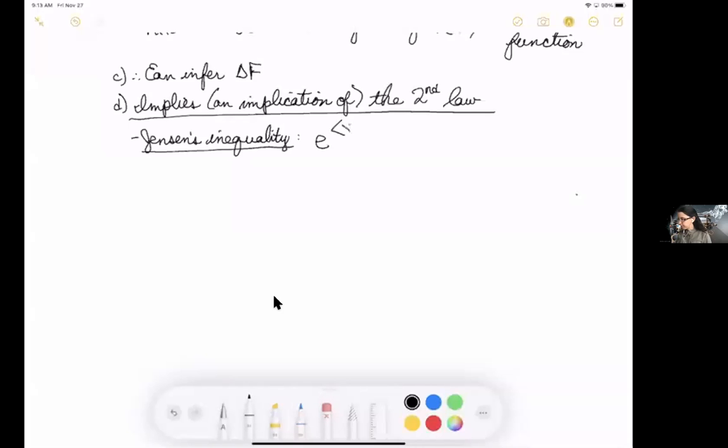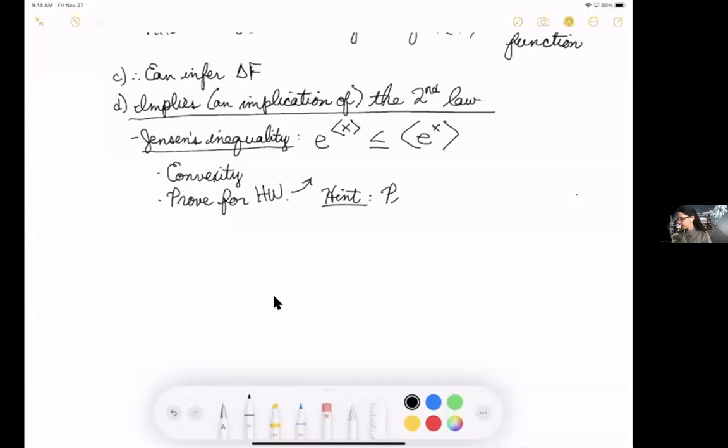exponential of an average is less than or equal to the average of the exponential. This derives from the exponential's convexity. And I'd like for you to prove it for homework. As a hint, you can do this by plotting the function e to the x.